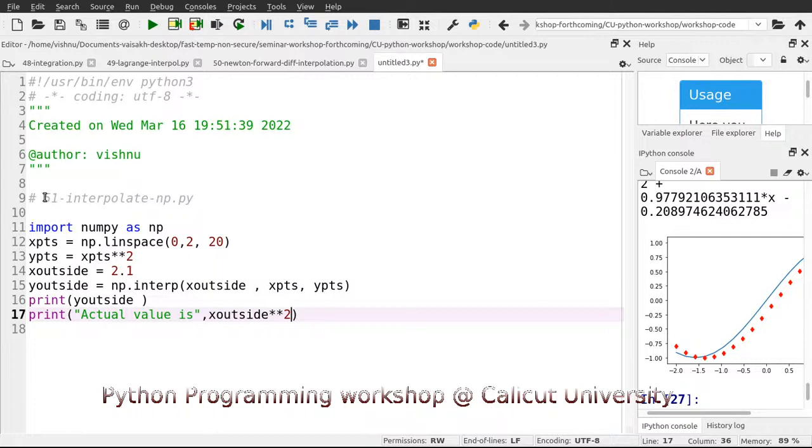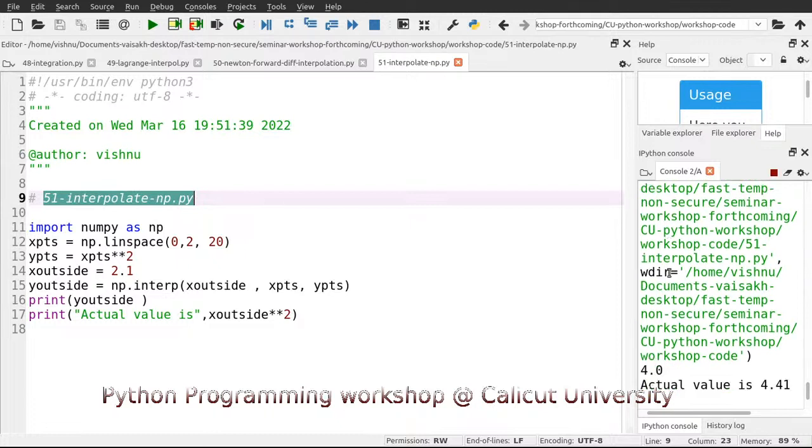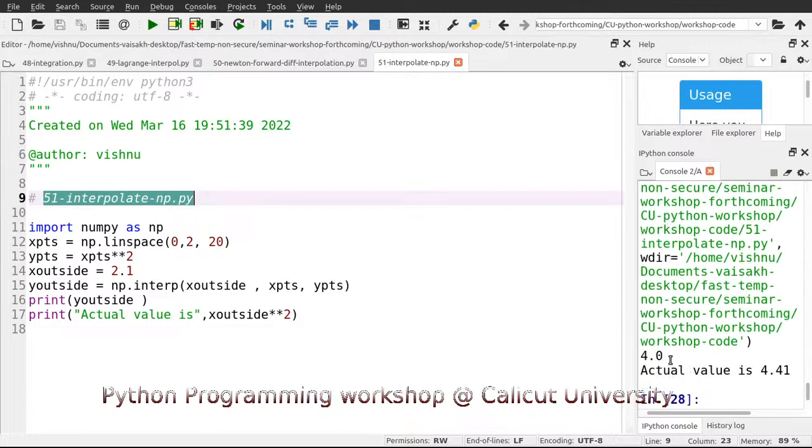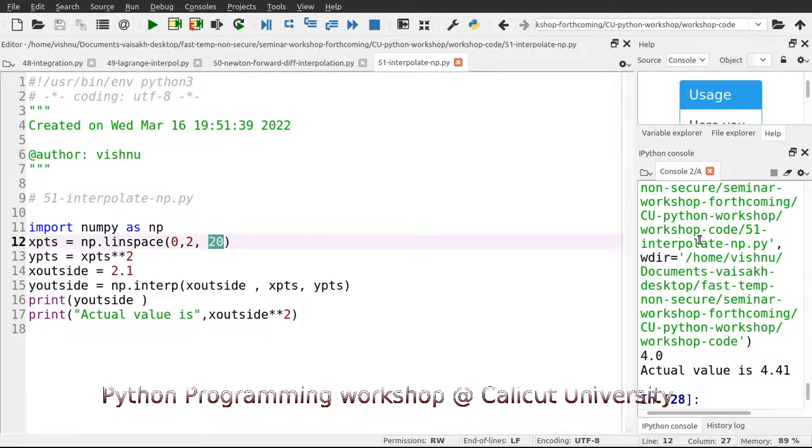We need to save it. Saving. The actual value is 4.41, but here it's given to be 4.0, not a very good estimate. Let us try to increment. Why is it happening like this?